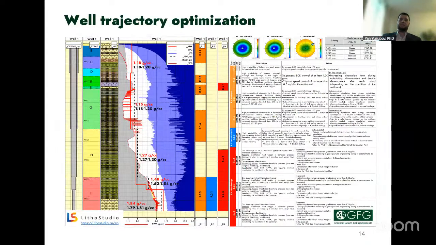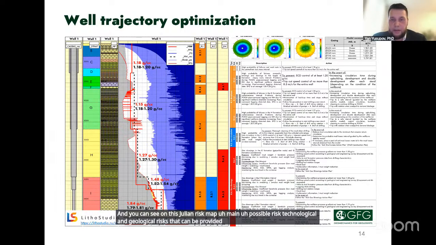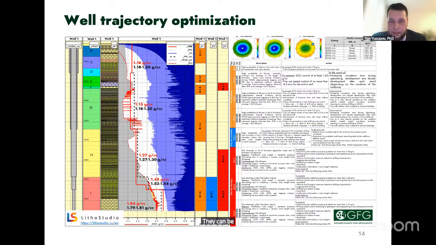This is a bright example of a drilling risk map, and you can see on this drilling risk map the main possible technological and geological risks that can arise in drilling. They can be associated with breakouts, lost circulation, gas showings, stickings, and mechanical and differential stickings.